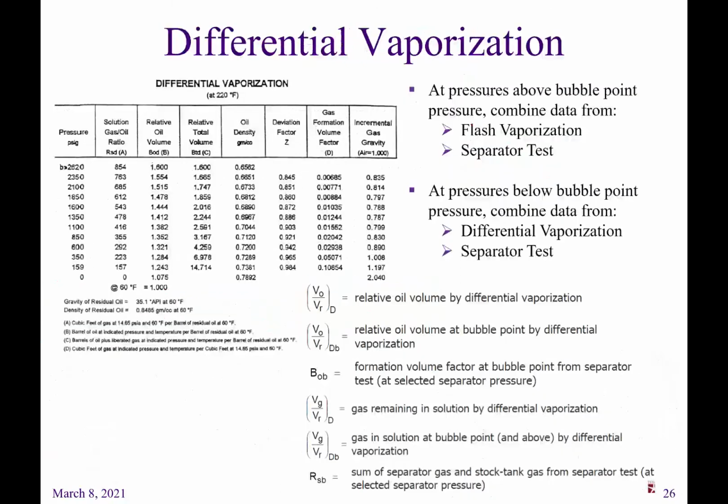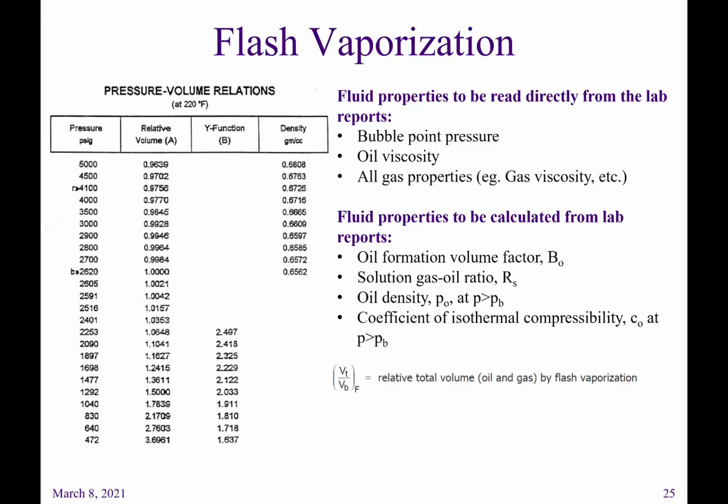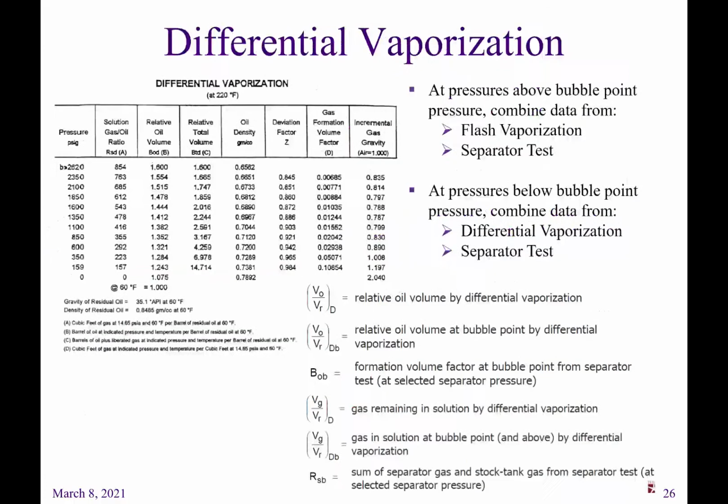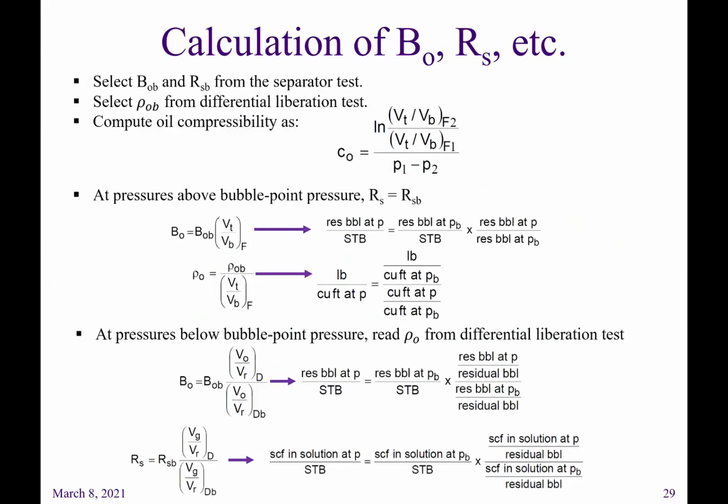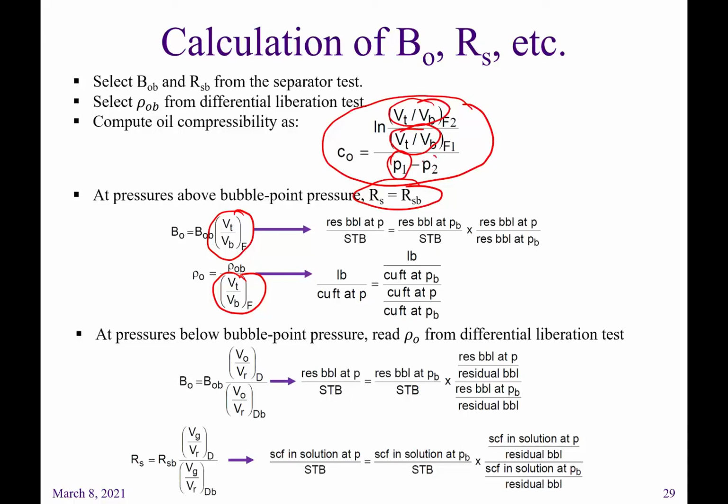Very important. How about flash above bubble point, right? We care about the flash above bubble point, and it gives us this relative volume which we use in those equations for BO right here and ρO. So I'm just summarizing here, and of course this is constant above bubble point. Above bubble point, we use those two relative volumes corresponding to these two pressures like I explained.